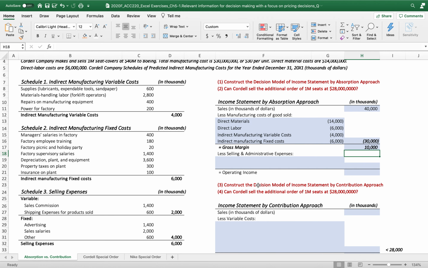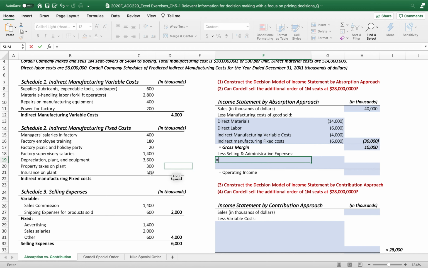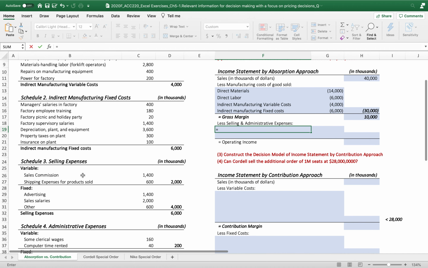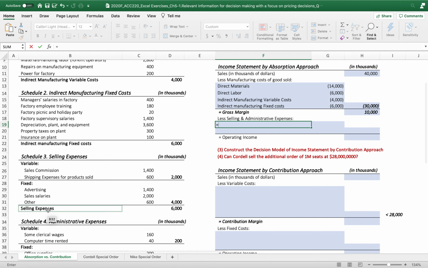Then let's collect the periodic cost, the selling and administrative expense, from this schedule. Regardless of any type, variable or fixed, we collect all the selling and administrative expense. Here you go, the selling expense, fixed and variable. We include everything.